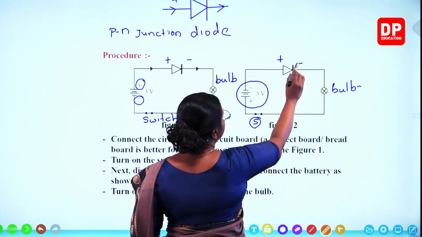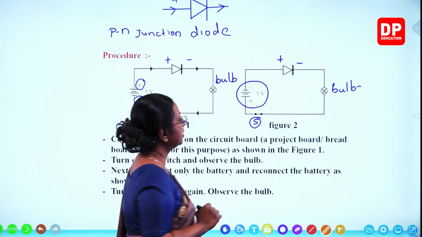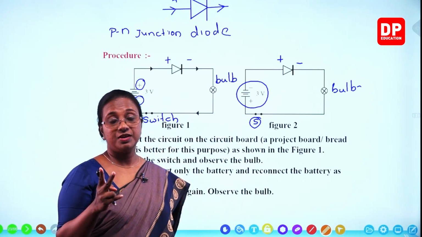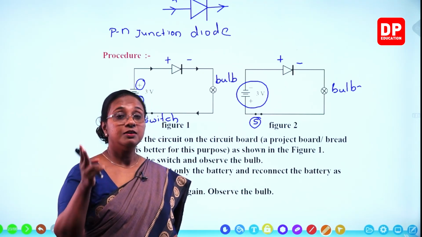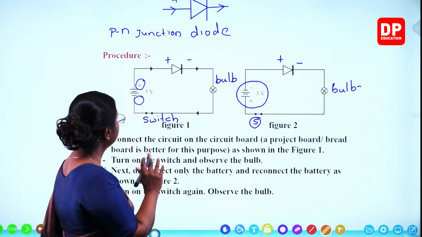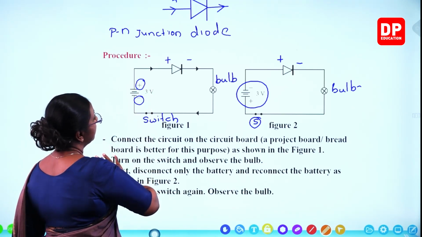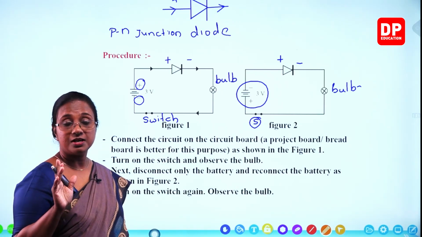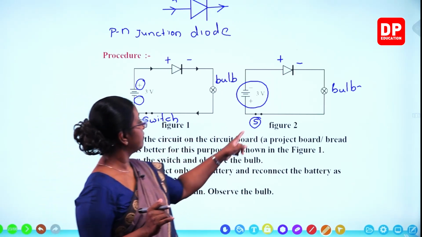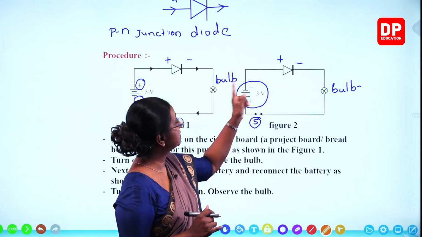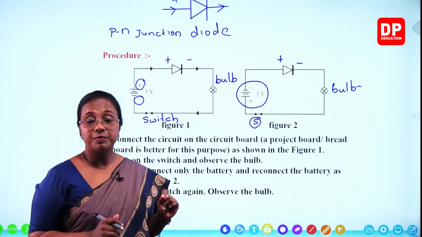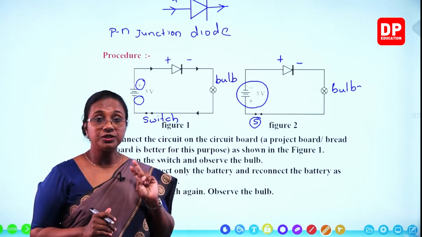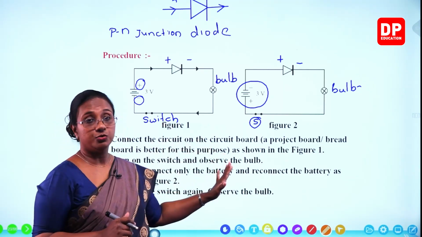So the two types of connection. We are trying to understand biasing, so we do it in both ways. In the first one, the positive terminal of the power supply is connected to the P region of the PN junction diode. In the second one, the negative terminal of the power supply is connected to the P region of the PN junction diode. So both connections are used.